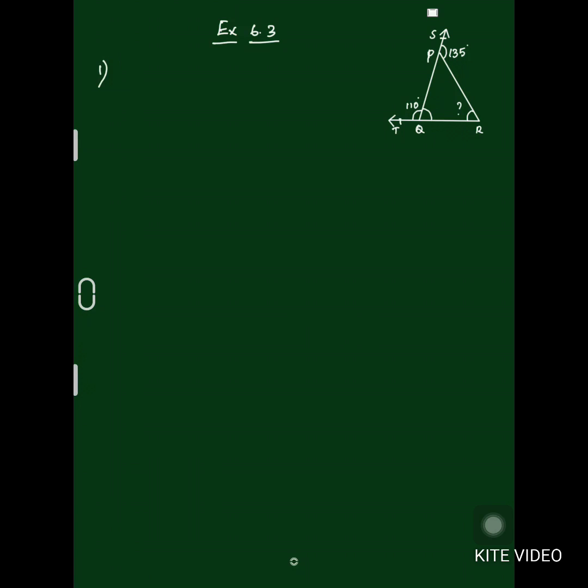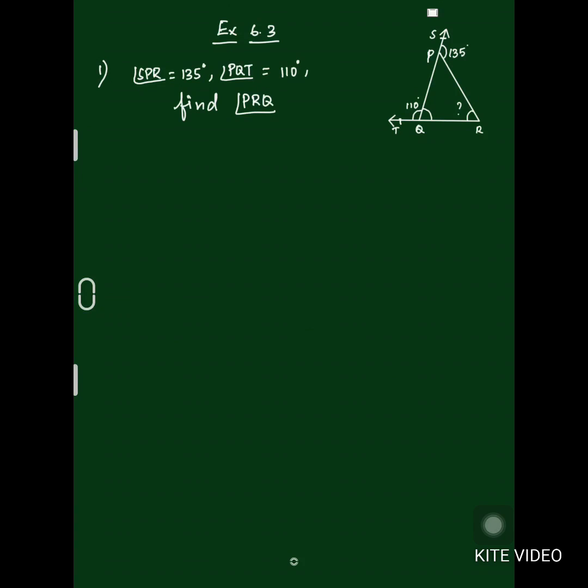So QP is produced to a point S and RQ is produced to a point T. If angle SPR is 135 degrees and angle PQT is 110 degrees, we have to find angle PRQ.